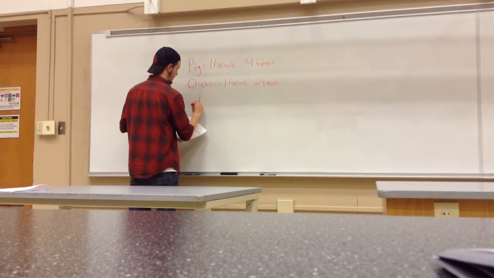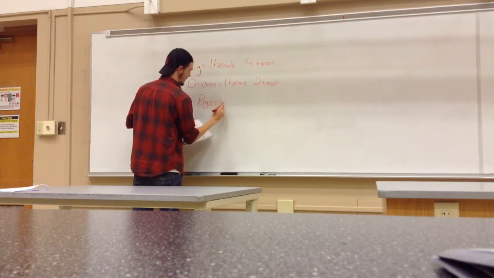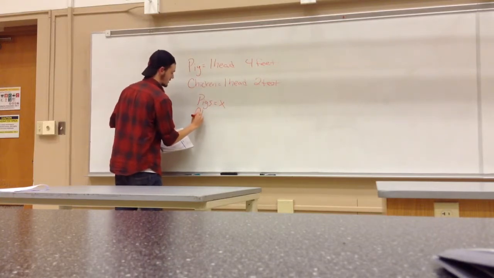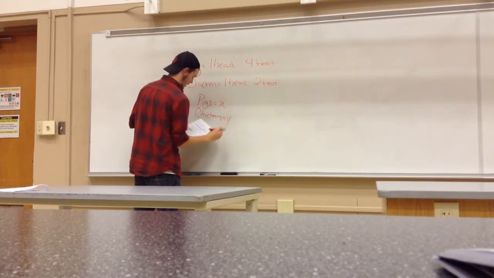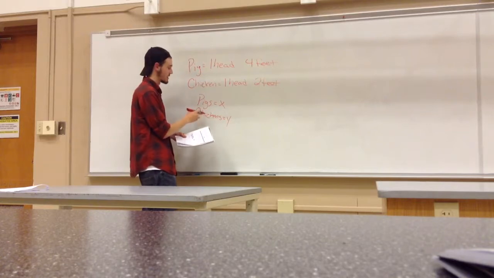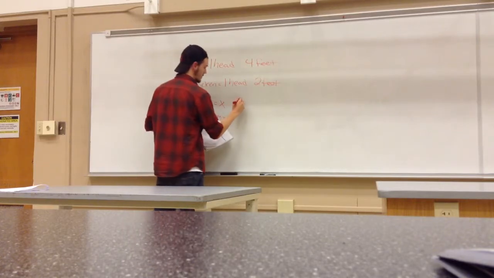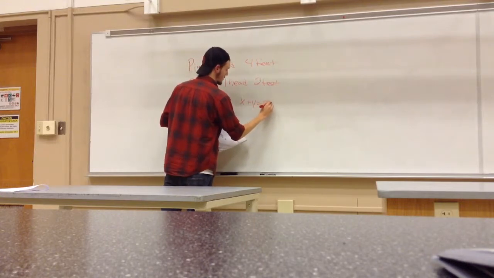So we'll make pigs represented by X, and chickens represented by Y. And because we know the number of pigs plus the number of chickens, because they have the same number of heads, equals 24, we can put X plus Y equals 24.